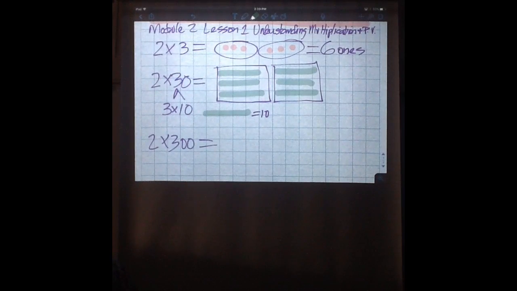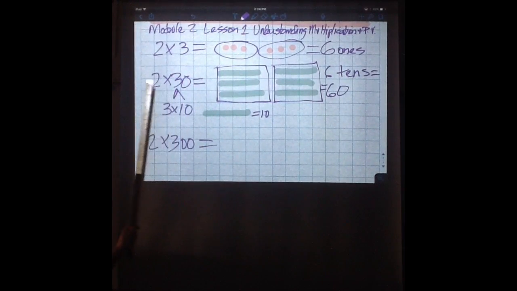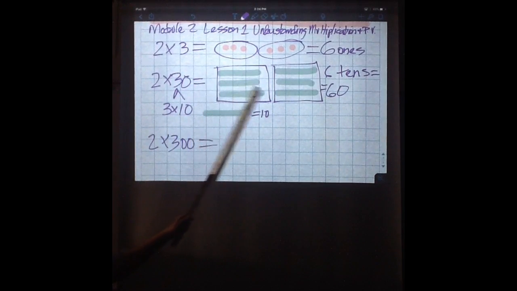Now I have 6 what? What are these in? These are in tens. Does that make sense? Which would also be 60, right? So that would mean that we have 60. Now if you notice, breaking it down, decomposing it into 3 tens, that helped us, didn't it? We had a strategy to do the problem.